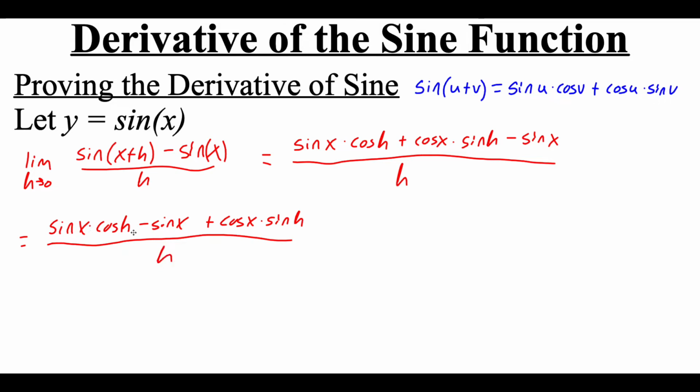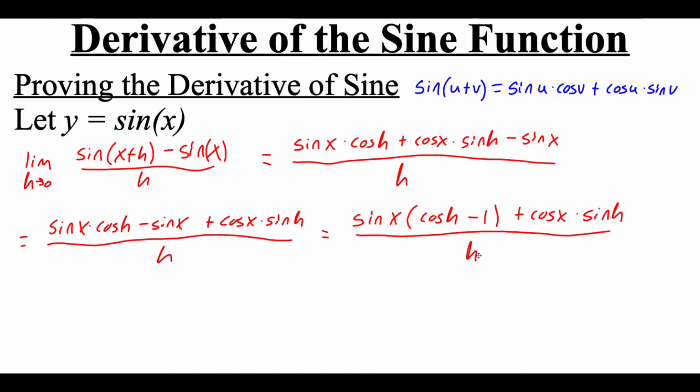With the two terms that have the sine of x in them, I'm going to factor the sine of x out. So this is the sine of x times the cosine of h minus 1, plus the cosine of x times the sine of h, all over h.